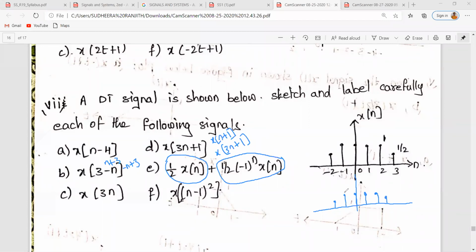This is 1 by 2 and this amplitude is 1 by 4, isn't it? And now let us try to plot the second part, half into minus 1 whole power n into x of n.